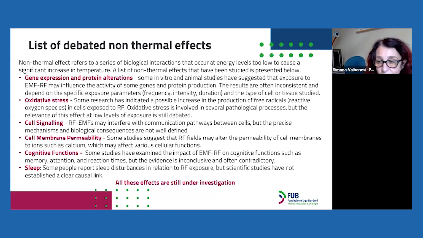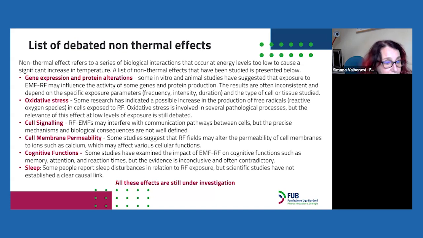The major part of these studies have focused on genes related to stress response, for example the heat shock proteins, or related to cell cycle regulation, apoptosis, which is the programmed cell death, oxidative stress, and neurological function.